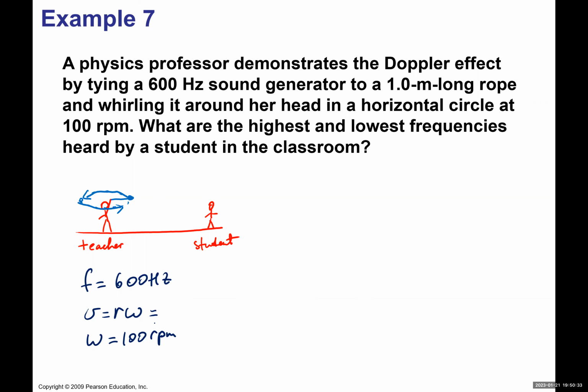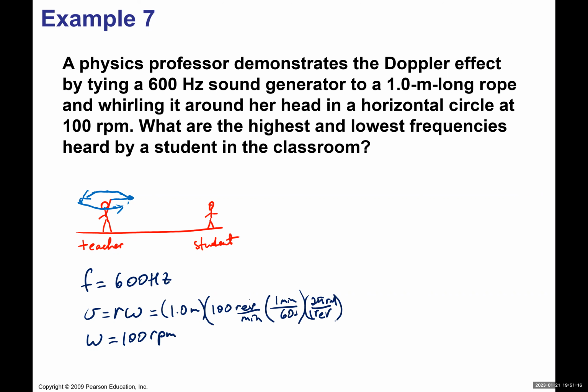In any case, if I plug in for the tangential velocity, the 1.0 meter is the radius, and then 100 RPM, revolutions per minute, and we convert where 1 minute is 60 seconds and one revolution is 2 pi radians.